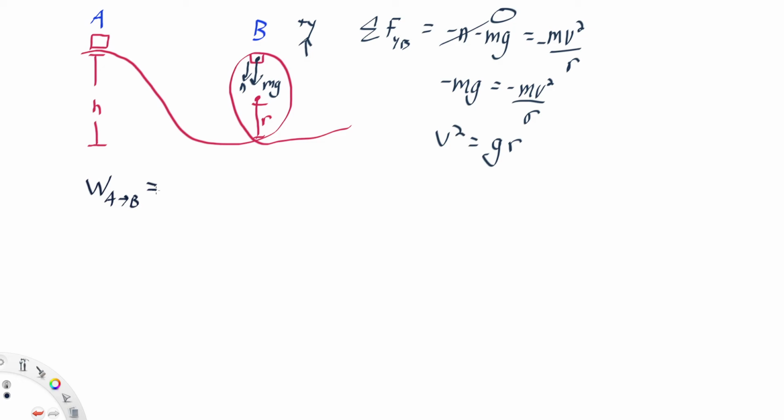There's no anything, right? So we expect energy to be conserved from A to B, which lets us say that the energy at point A is going to be equal to the energy at point B. At point A, what kind of energy do we have?